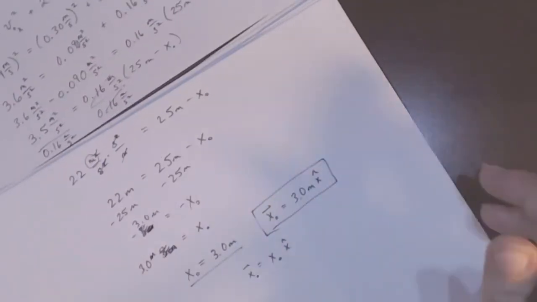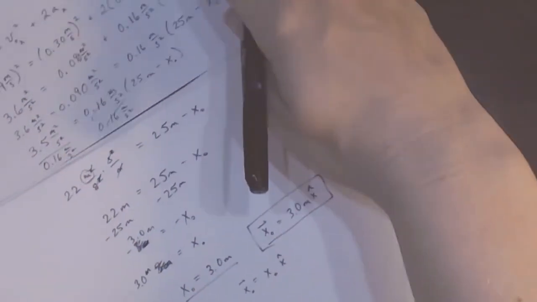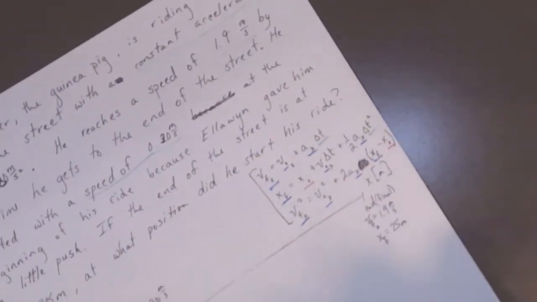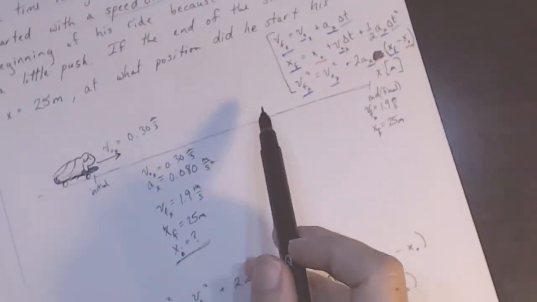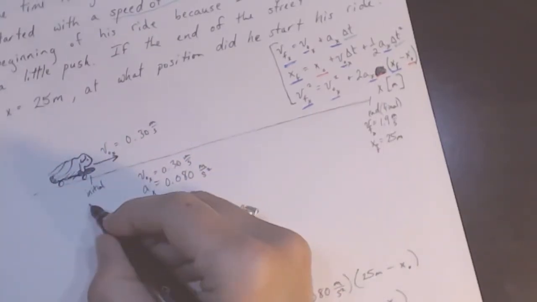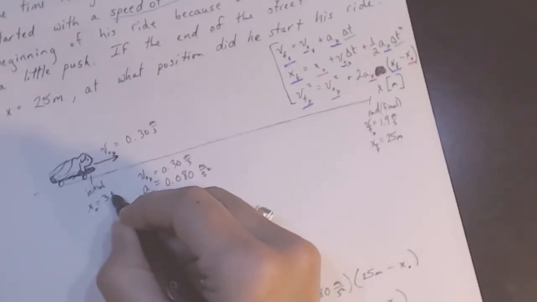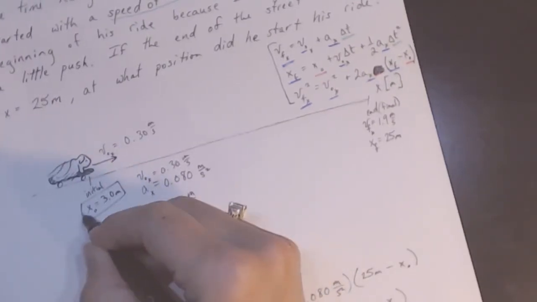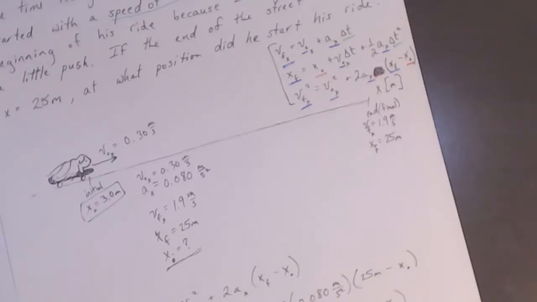So if I go back up here, I got 3 meters as my initial location in this reference frame. So I now know that x naught equals 3.0 meters. That was my initial position. So my delta x was 22 meters x hat, so positive, went from the initial to the final, but I wasn't asked for that. And that is this problem.